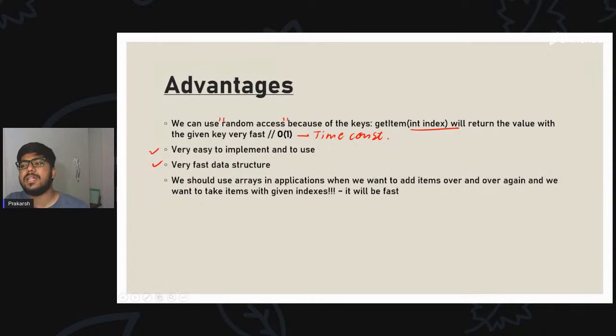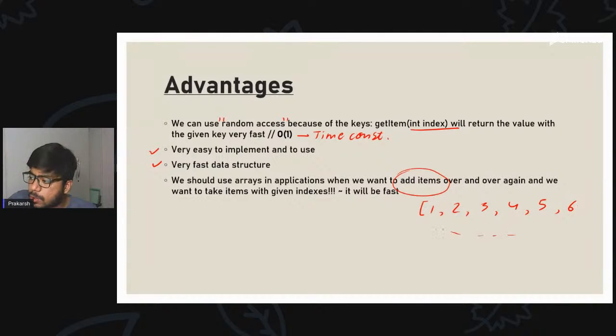Remember that. We should use arrays in applications where, and this is from my personal end, you want to add items over and over again, because you know that an array is going to be a line: 1, 2, 3, 4, 5, 6, and it goes on and on.